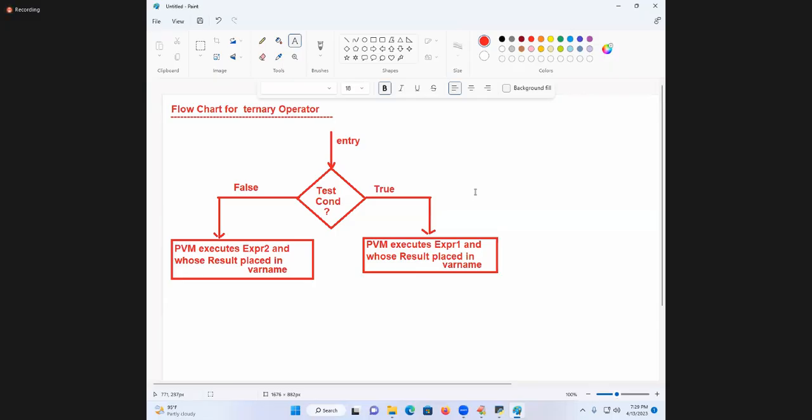Write down: write a Python program which will accept two numerical values, and find the biggest among them, and check for equality, by using the ternary operator.